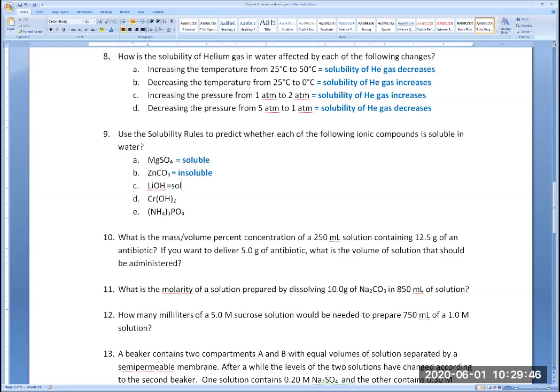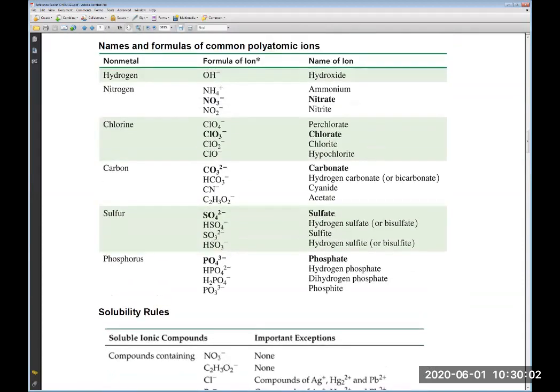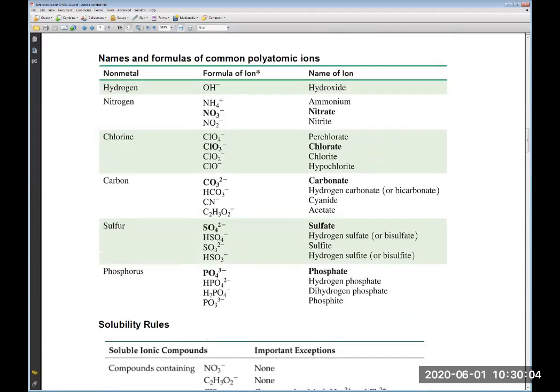LiOH. Let's look at it. What is Li? It's lithium, and OH, hopefully you start remembering, OH minus is the hydroxide ion. It's a polyatomic ion.